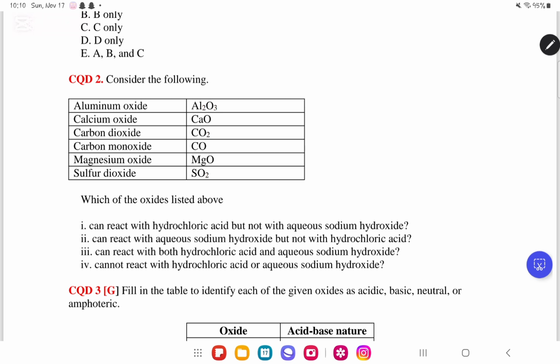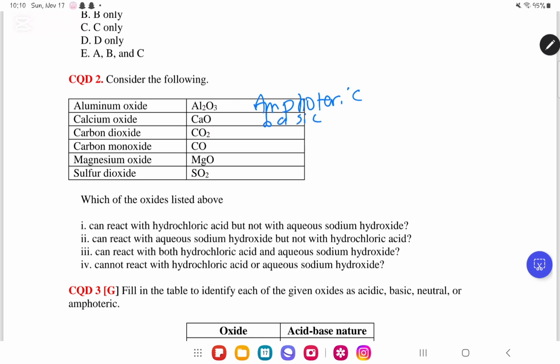Consider the following: aluminum oxide, calcium oxide, carbon dioxide, carbon monoxide, magnesium oxide, and sulfur dioxide. Now very simply, we know that aluminium oxide is amphoteric. Calcium oxide is a metal plus an oxide, so it is basic.